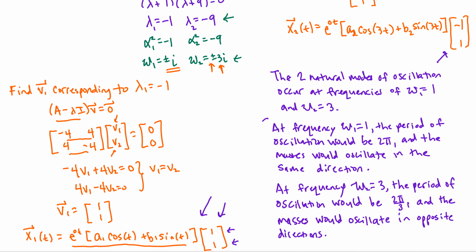So in one natural mode of oscillation, the masses are going in the same direction, and at another natural mode of oscillation, the masses would oscillate in opposite directions. And all of that could be obtained by looking at the frequency and our eigenvectors.